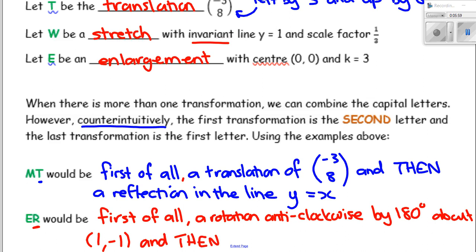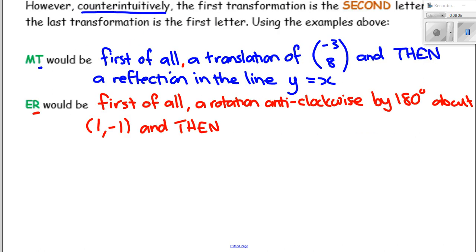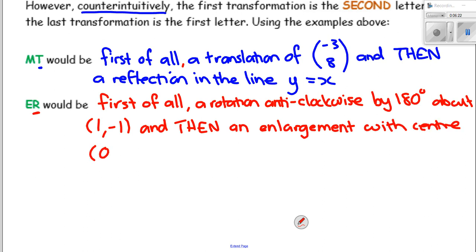Then the first letter, E, which according to E above, is an enlargement with center 0, 0, and scale factor K equals 3. So then an enlargement with center 0, 0, and scale factor K equals 3.